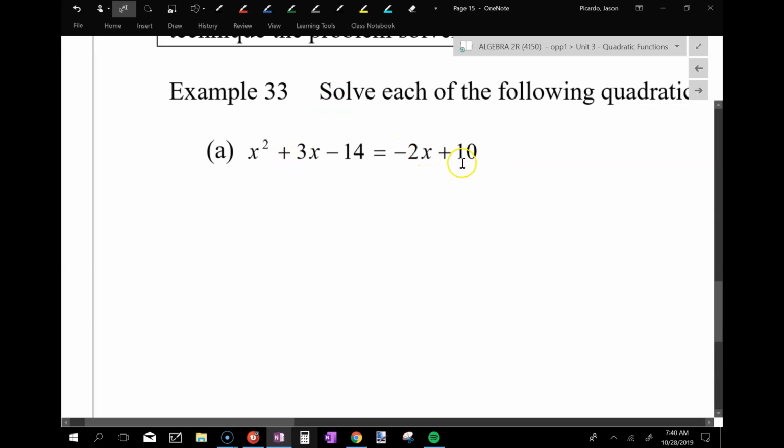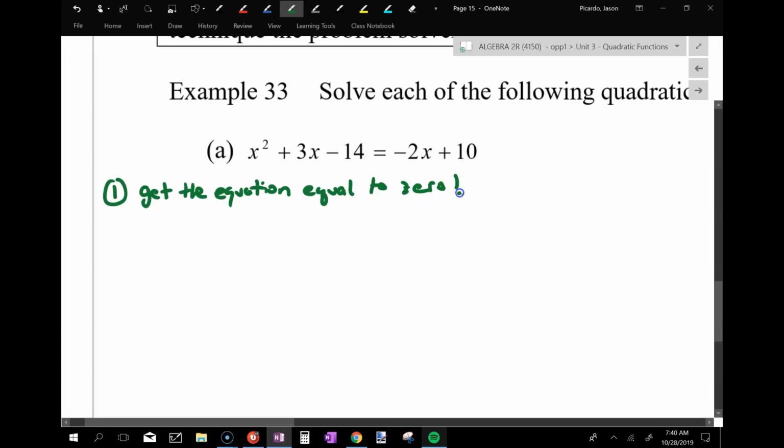I got to move this over and I got to move this over so it is equal to 0, right? So our first step is to get the equation equal to 0. Right? So we got to do a little bit of algebra.